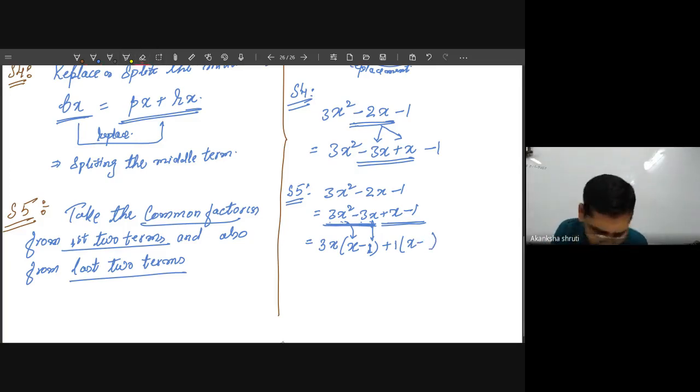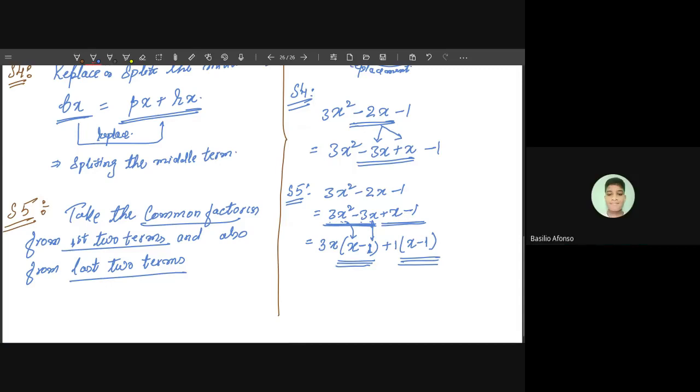So students, this is a very important step. Here you are observing whatever bracket is coming here, the same bracket is also coming here. This is the identification that your factorization and splitting the middle term is correct. So whatever this fifth step we have done here, the same is 1 into x minus 1.